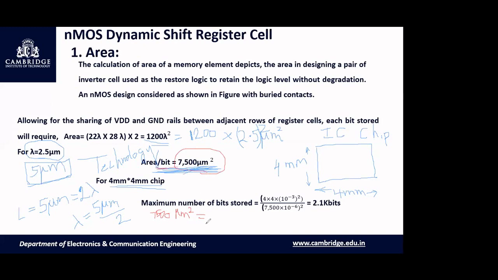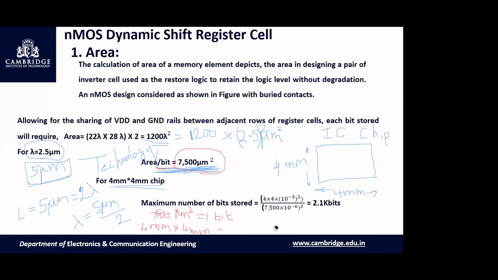This is equal to 1 bit. So now I am giving you an area that is 4 millimeter into 4 millimeter. In this, I'm asking you how many bits can be stored.